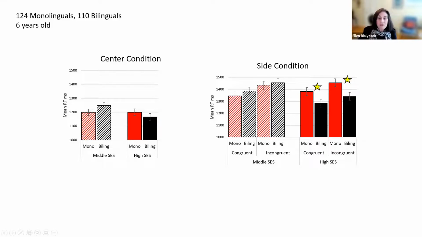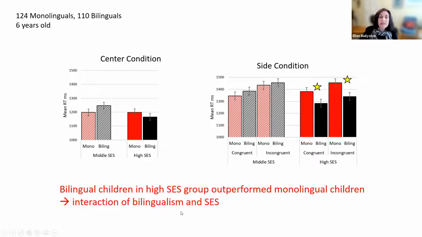So what we showed here is that in this group of 6-year-olds, the bilingual children in the high SES group outperformed the monolinguals, as we had shown in our previous study, and that it interacted with SES because we didn't find the effect in the lower middle SES group.